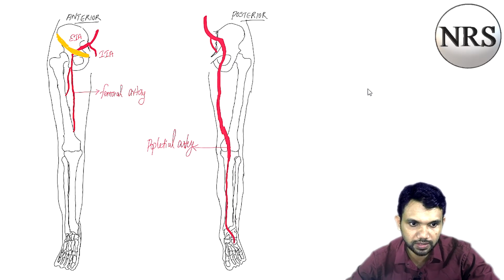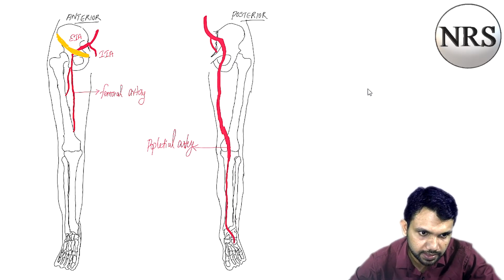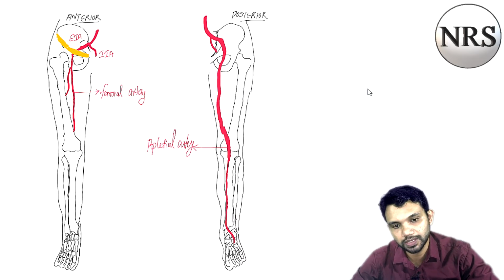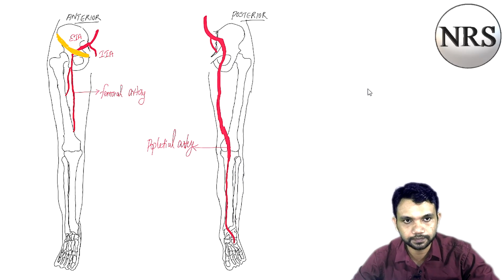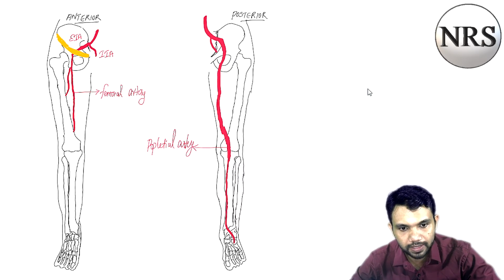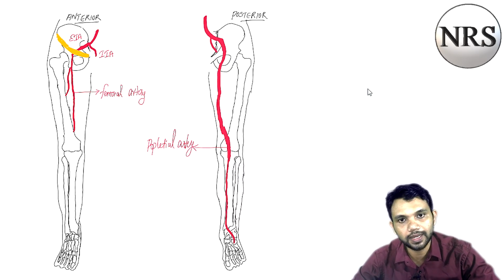This is the posterior side. Okay, this artery has gone behind this bone. So this is the posterior aspect, so we are drawing it here. சரியா? Okay, so the posterior tibial artery, இந்த tibial போனுக்கு பின்னாடி போறதுனால இது வந்து posterior tibial artery அப்படின்னு சொல்லுவோம்.